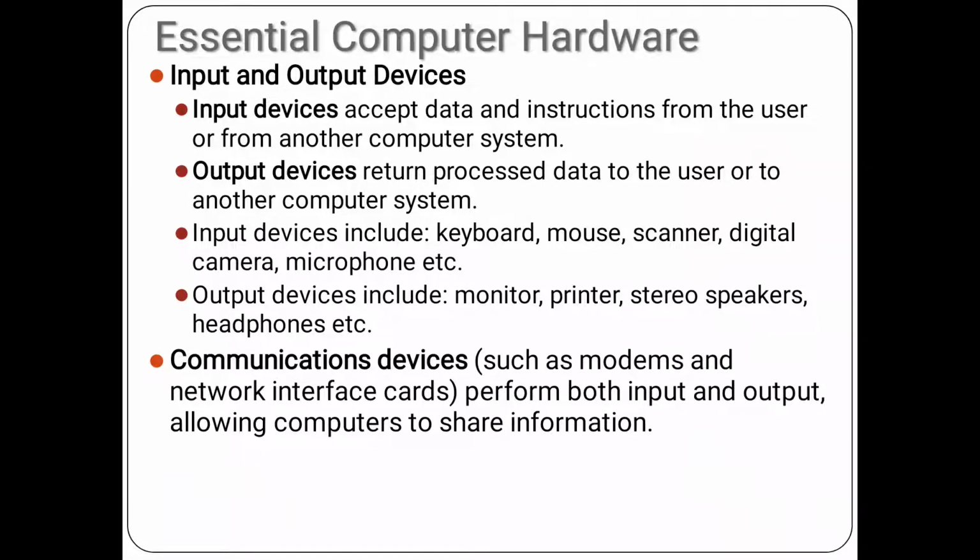Installed computer hardware: input and output devices. Input devices accept data and instructions from the user or from another computer system. Output devices return processed data to the user or to another computer system. Input devices include keyboard. Input device कौन कौन से? कीबोर्ड, माउस, स्कैनर, डिजिटल camera, microphones.